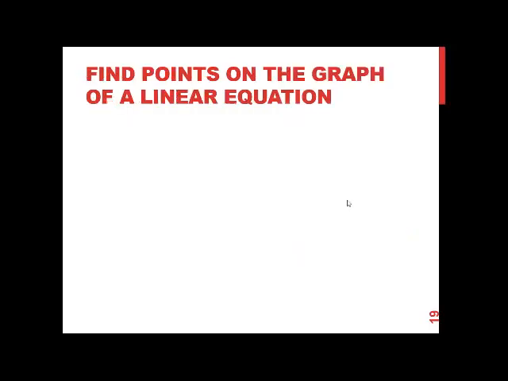Find points on the graph of a linear equation. As I pointed out, there are lots of solutions. In fact, there's an infinite number of solutions to linear equations in two variables. Linear equations in two variables give us a relationship between x's and y's.